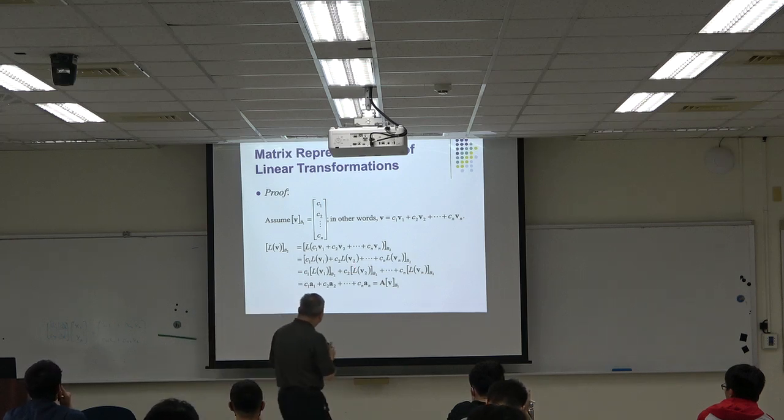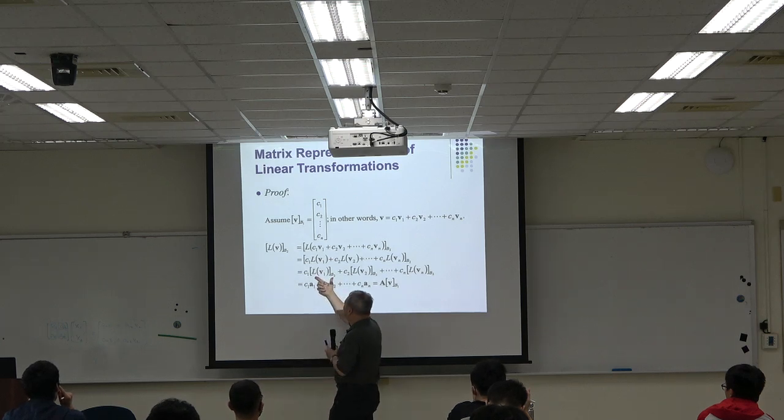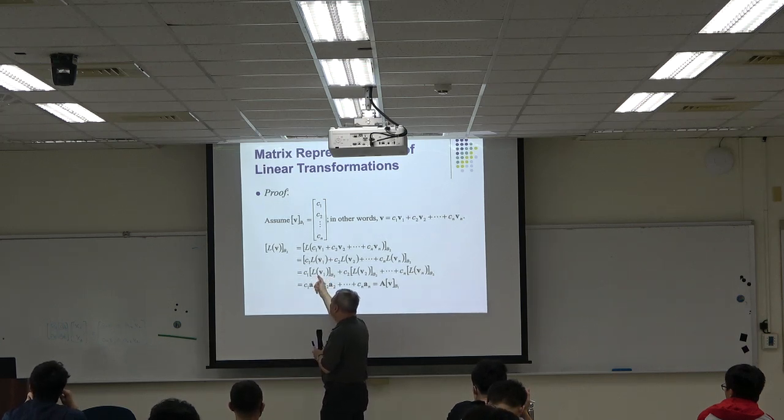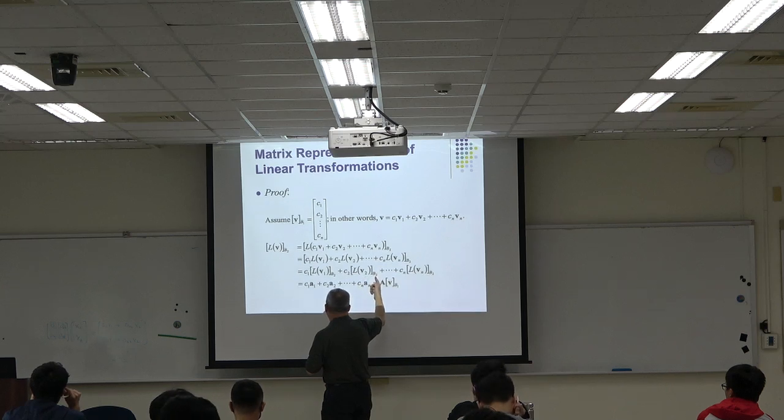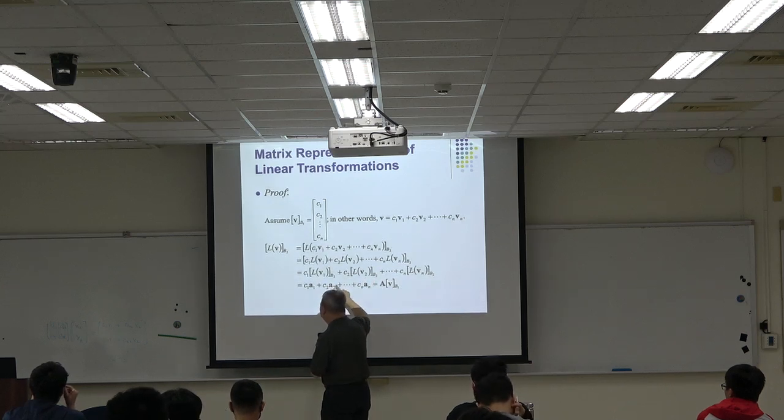The L(v1) can be written as a1, a coordinate of L(v1) under the basis B2. And this is the coordinate of L(v2), using the basis of B2, so it is represented as a2.